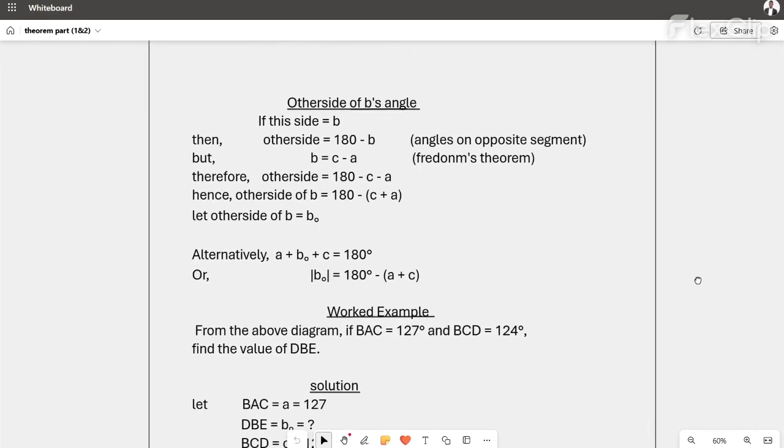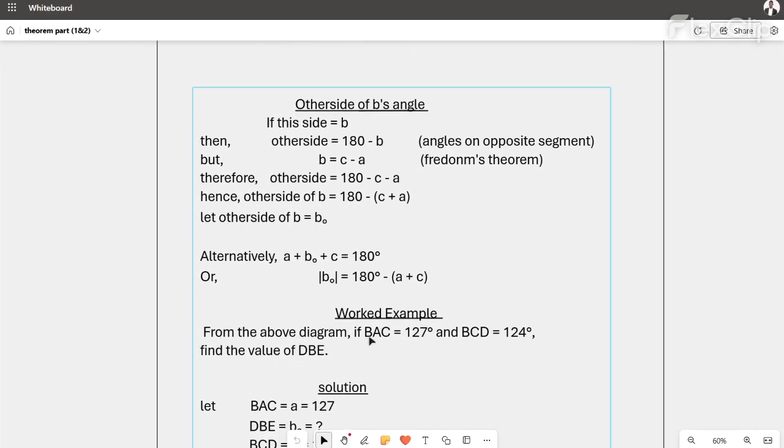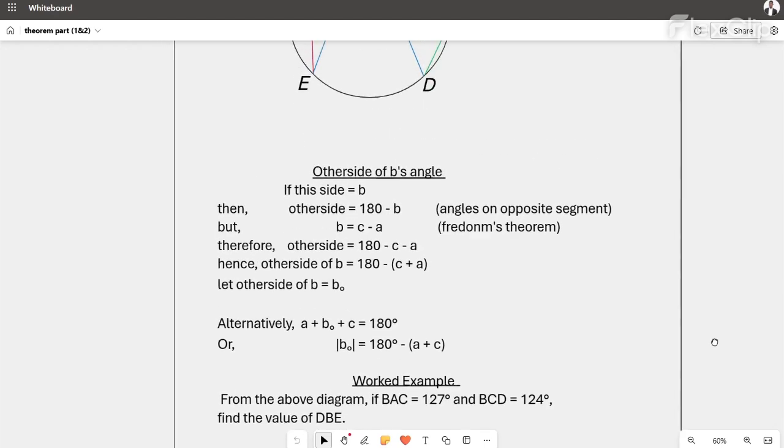Now let's look at a worked example. From the above diagram, if angle BAC is equal to 127 degrees and angle BCD is equal to 124 degrees, find the value of angle BDE from this triangle here.